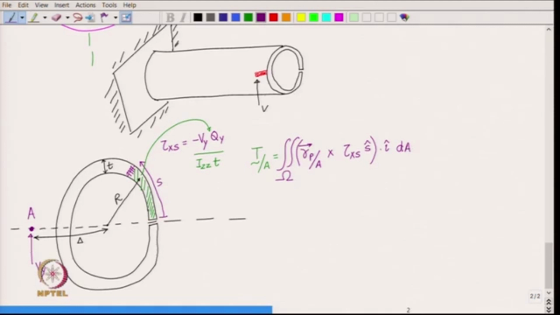So, that is the torque about the shear center, which has to be equal to 0, is not it?